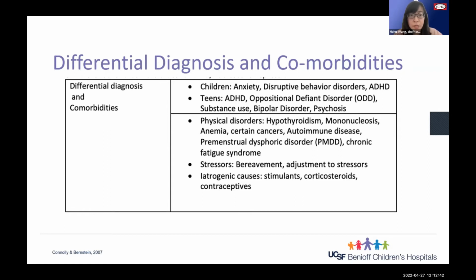Medically, there are a few things that I will also check if the patient presents with symptoms that make us concerned about hypothyroidism, mononucleosis, anemia, and so on.